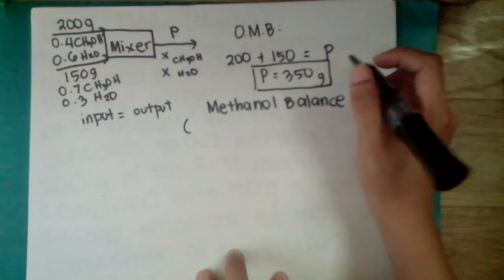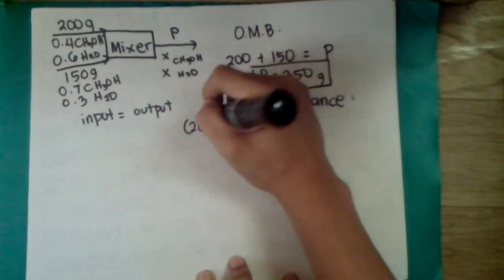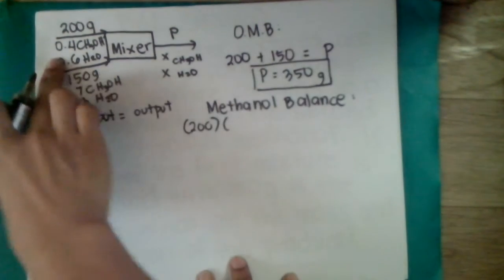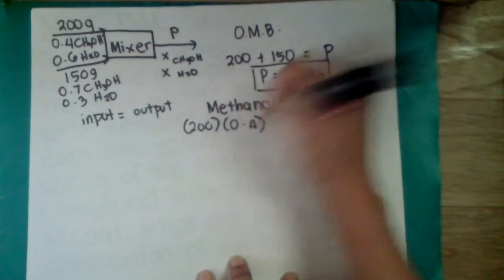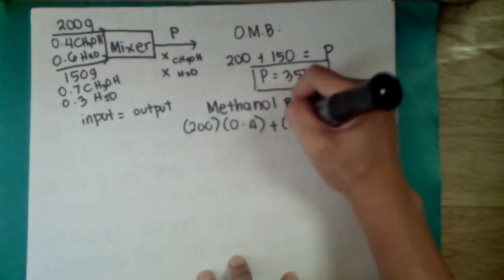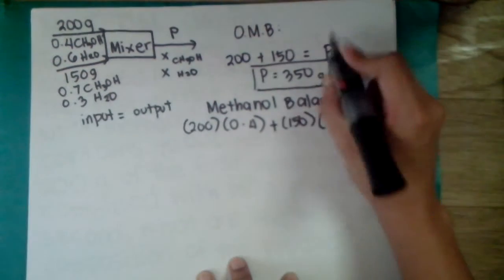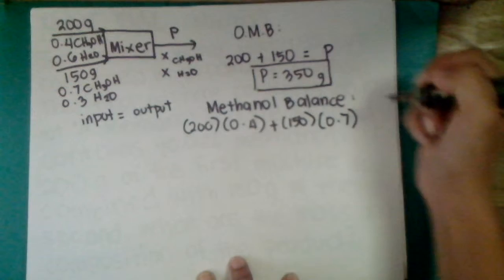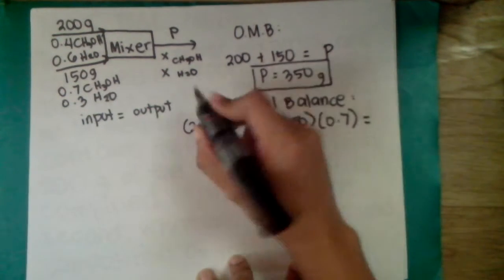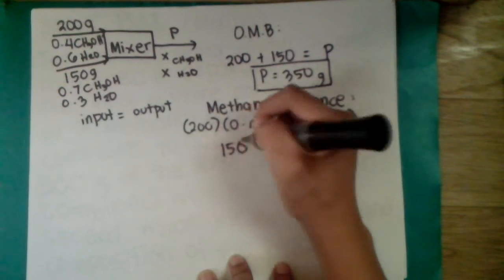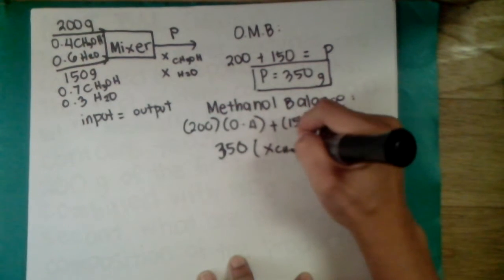So, to get the composition of the methanol in the product, multiply 200 by the composition in the first mixture, which is 0.4, plus the second mixture, 150, multiplied by the composition, which is 0.7, equals our product and the composition of methanol.